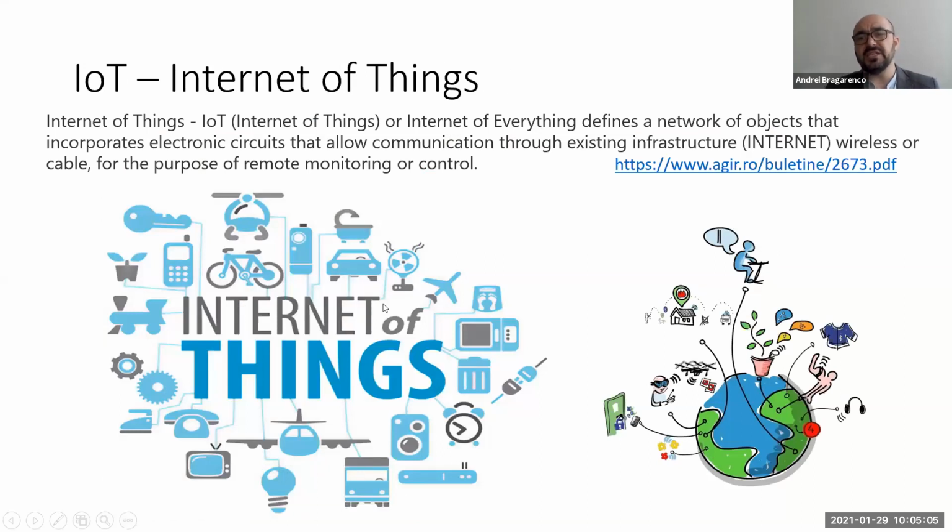So now just a short introduction to what the Internet of Things is. Internet of Things, or Internet of Everything, defines a network of objects that incorporate or embed some electronic circuits and allow communication through the existing infrastructure. That means the most common infrastructure is the internet.